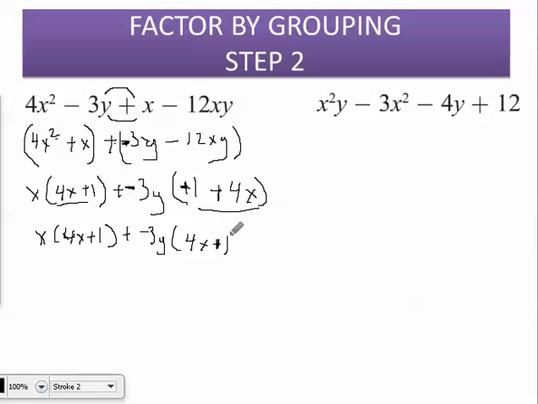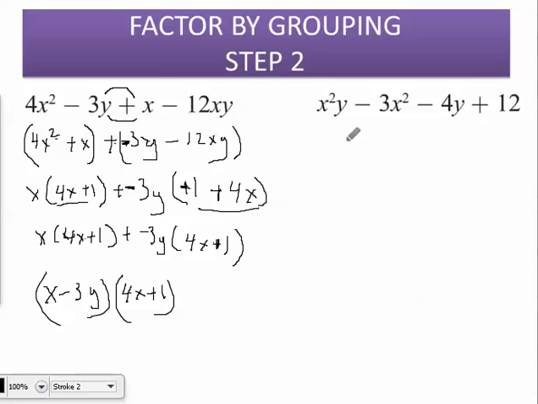That gives me 4x plus 1 there. Now I've got 4x plus 1 in both terms, so what do I have? I've got x minus 3y as one factor, and 4x plus 1 as the other factor. Please check me. Make certain I've done this correctly.